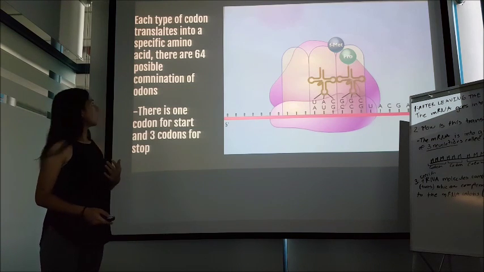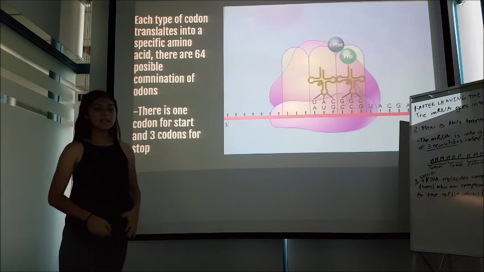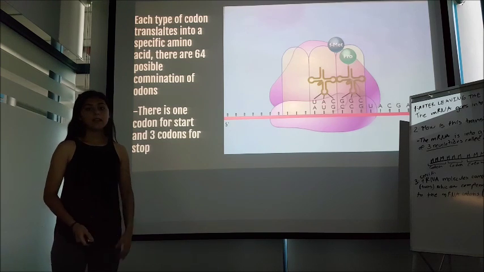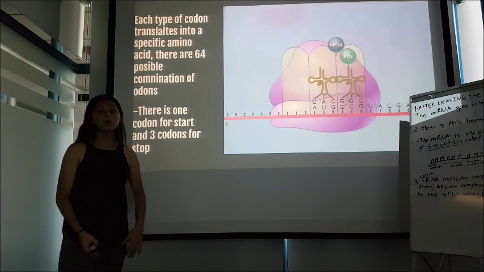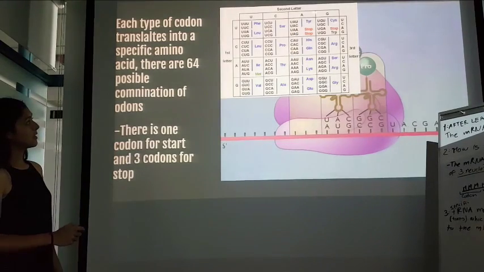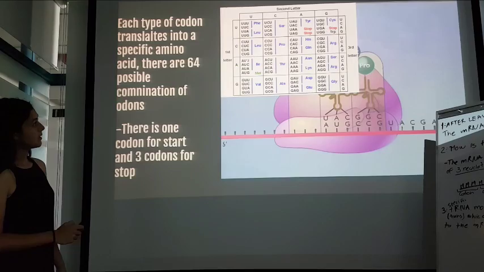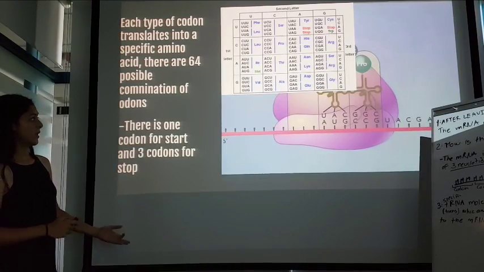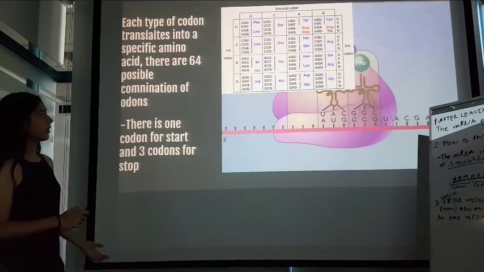Each type of codon translates into a specific amino acid. There are 64 different possible combinations of codons. As you can see in the chart, these are each combination of the three nucleotides, which are codons.